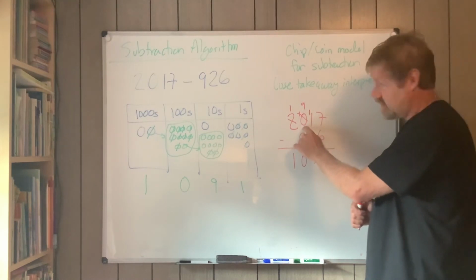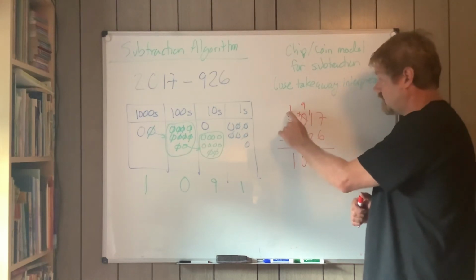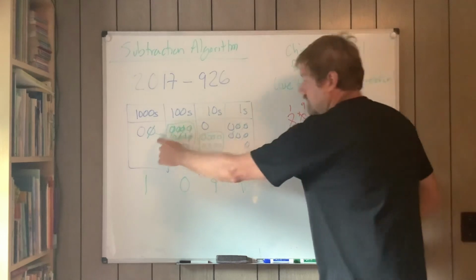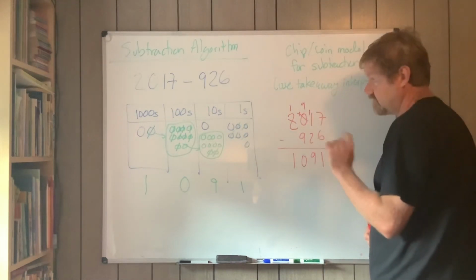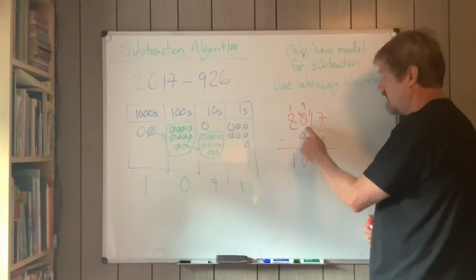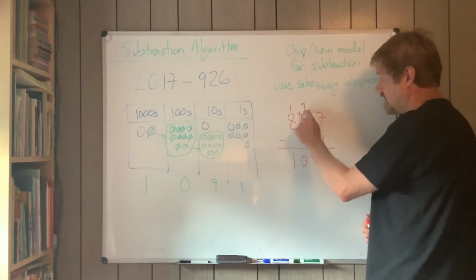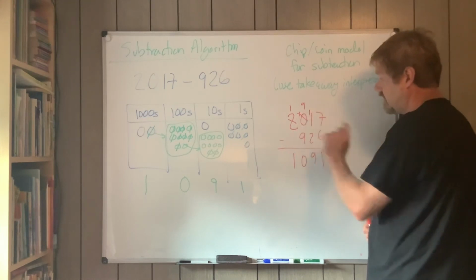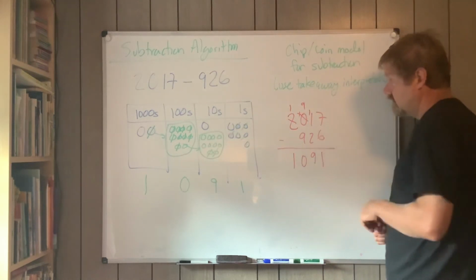There were none in the hundreds column. I had to go to the thousands column. First of all, I took 1 and made that. That was that unbundling of that 1,000 into 10 100s. Then I still needed some of that, so I crossed that out. I made 9 of those and made 10 more of those. So I've got that.